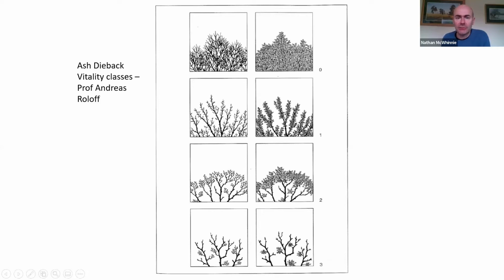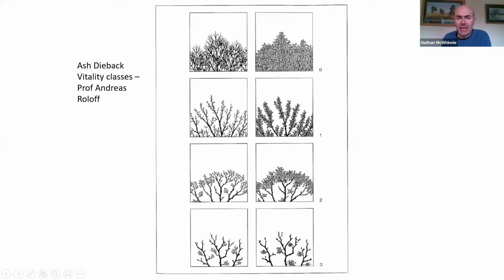And these are really useful for diagnosis in winter, because you can see in the top left there, you get the normal structure of the ash with candelabra shapes to the shoots. So they have vigorous side shoots coming out.